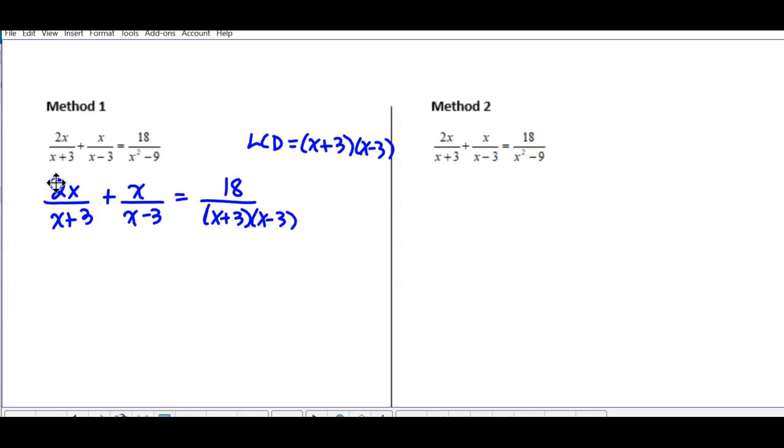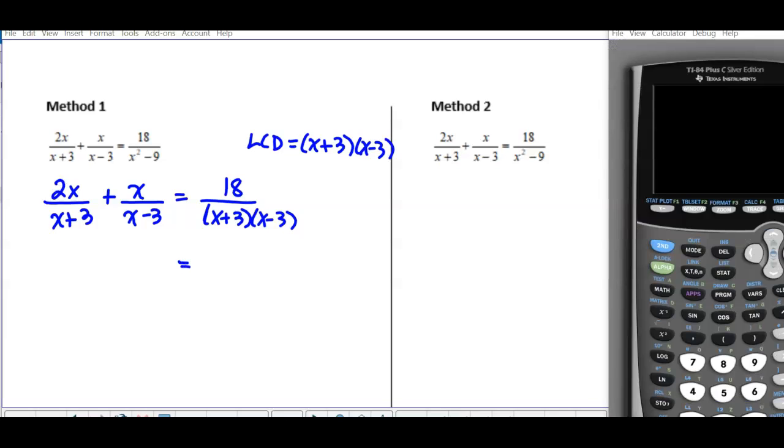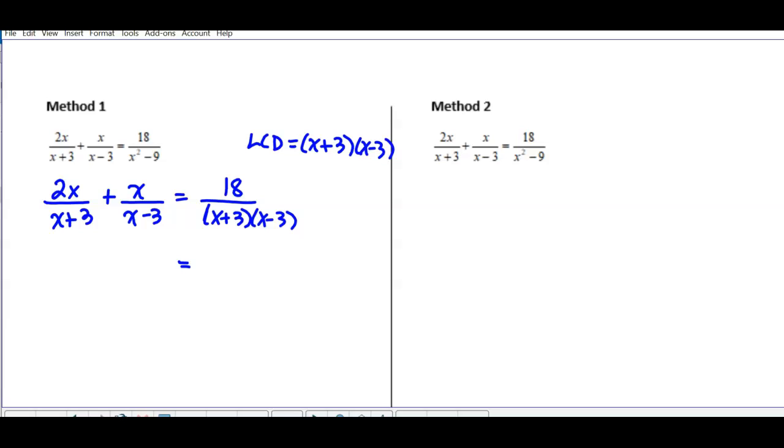Right, there's an x plus 3, we've already got it in there. X minus 3, we've already got it. So the right-hand side, we don't have to do anything. So here, this, x plus 3, x minus 3.